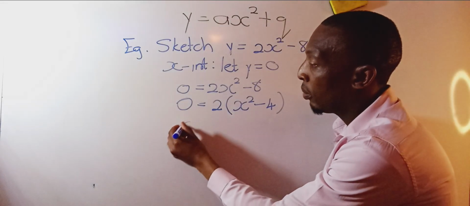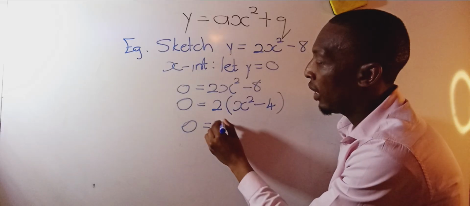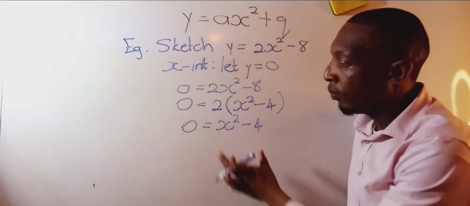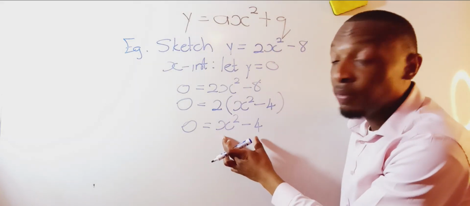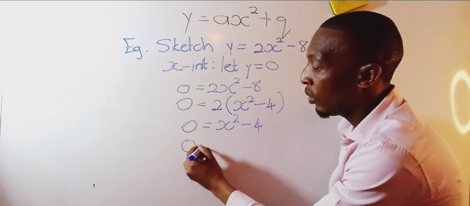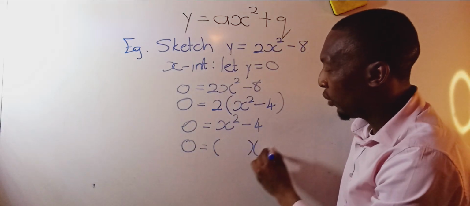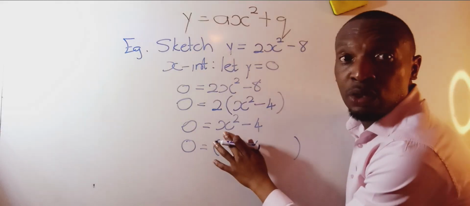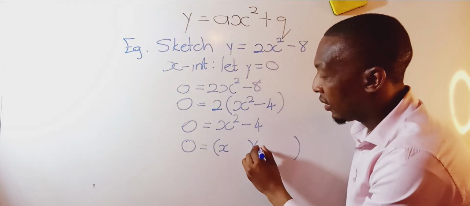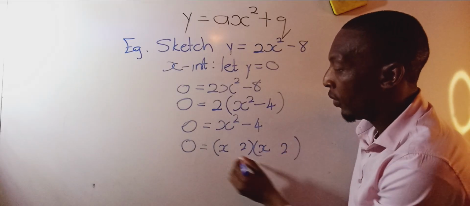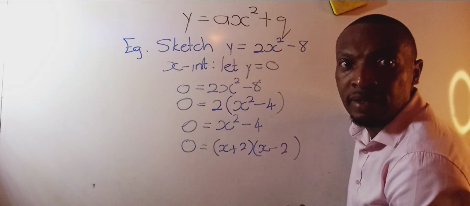So this will mean 0 is equal to x squared minus 4. We are still factorizing. I've got a difference of 2 squares here. So it means that 0 is equal to, I'm going to need 2 brackets. Difference of 2 squares. Square root of x squared is x, so x, x. Square root of 4, 2, 2. Plus, minus. All right?